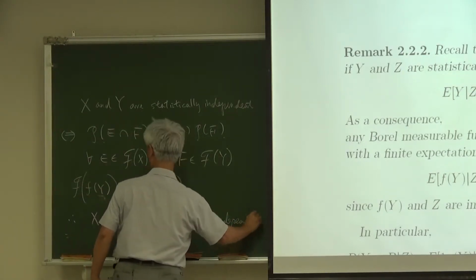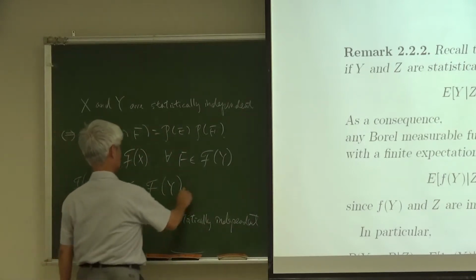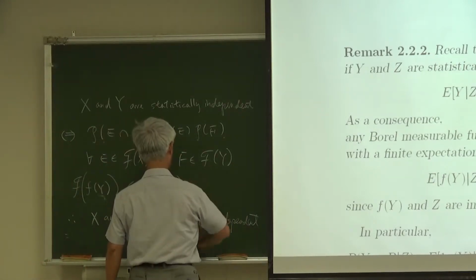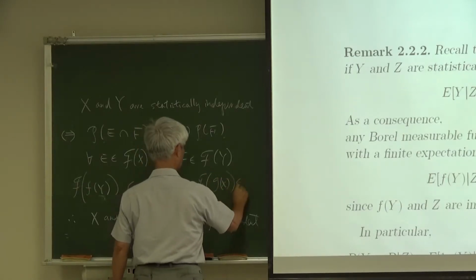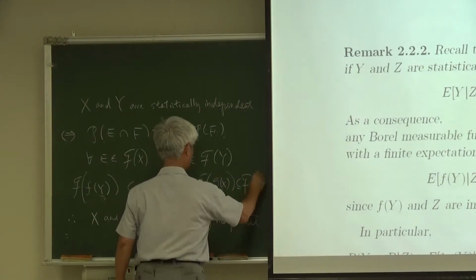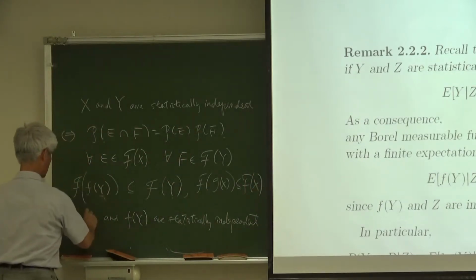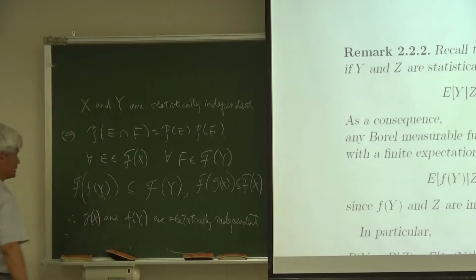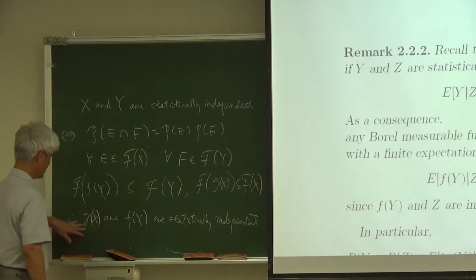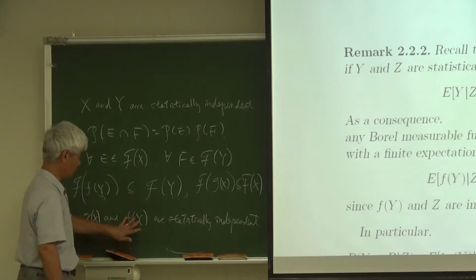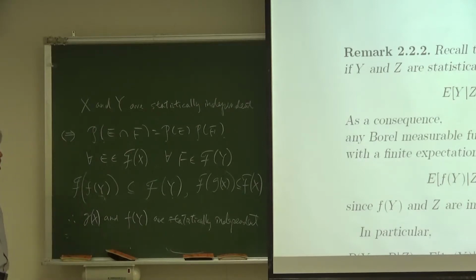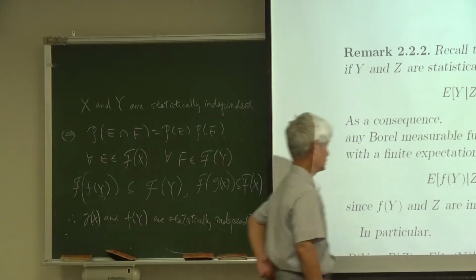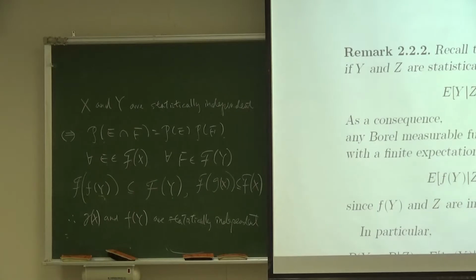If we think about another function g of X, of course you have that too, so you can extend the result: any Borel measurable function of X and any Borel measurable function of Y are statistically independent.